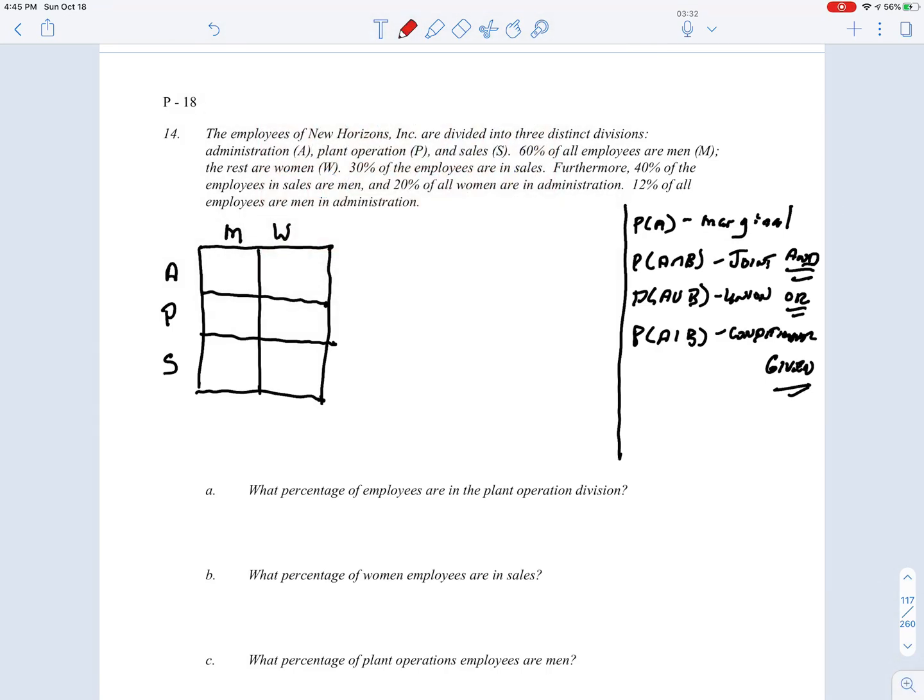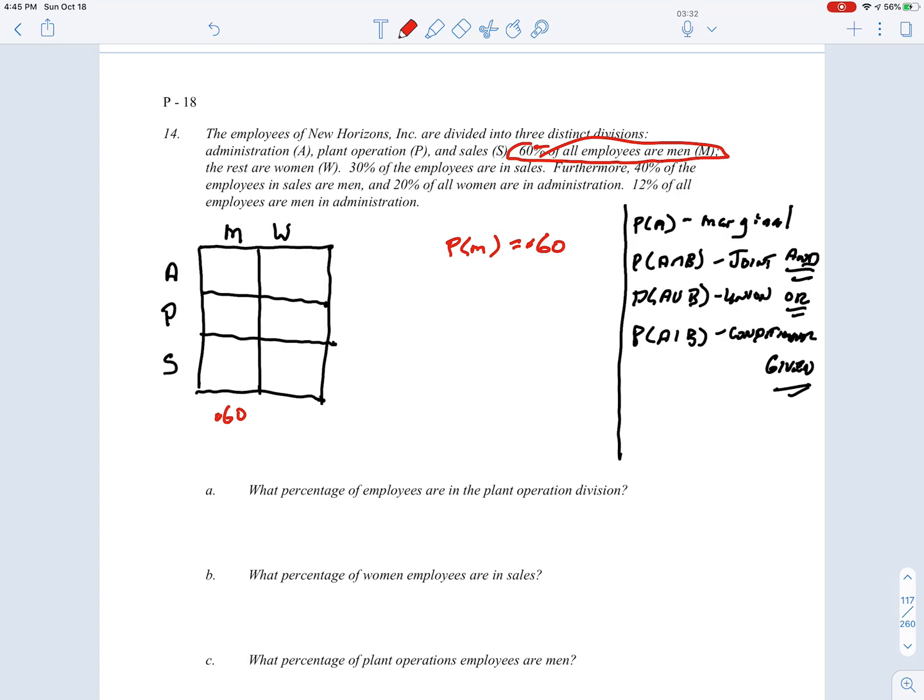Let's take a look at what our problem says now. The employees of New Horizons Incorporated are divided into three distinct divisions, and so on. 60% of all employees are men. That is a marginal probability because it doesn't mention anything about what division that they're in.